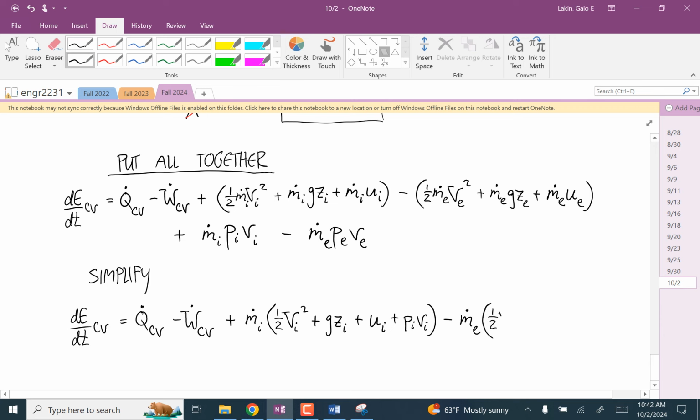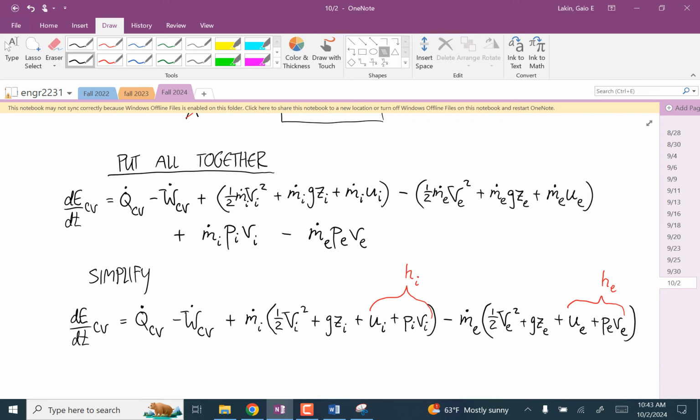So 1/2 V exit squared plus g z exit plus u exit plus P exit times specific volume exit. And now you see where this enthalpy comes from. This is the specific enthalpy at the inlet, and this is the specific enthalpy at the exit.